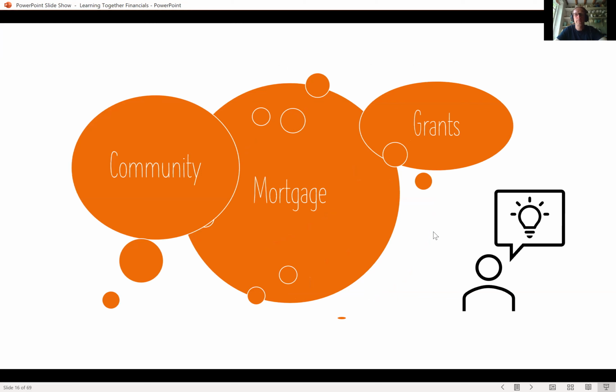So I think most groups, when they start off, are thinking in broad picture. This is where I'm going to get my money from. They've got an idea, and this is where the money is going to come from. But it's quite floaty ideas at the beginning. Maybe loads of groups don't actually know the details of how all these things work because they've never built houses before, and this is their first time.